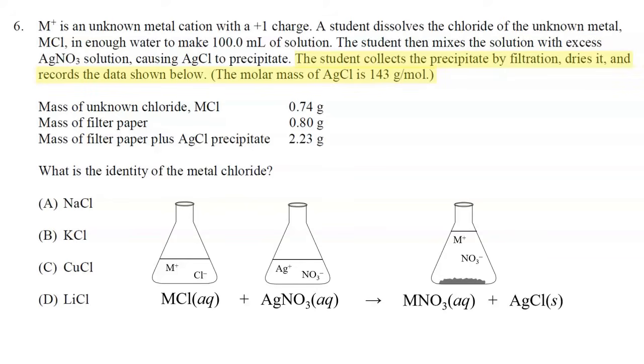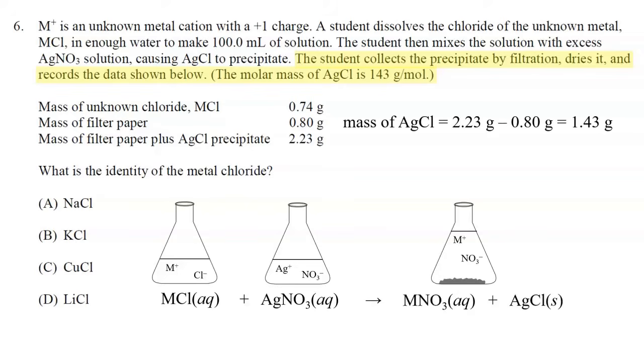It says in the question, the student collects the precipitate by filtration, dries it, and records the data shown below. So in the data table, we have the mass of the filter paper and the mass of the filter paper plus the AgCl precipitate. Let's subtract those two numbers. So 2.23 minus 0.8, and we get 1.43 grams of the AgCl precipitate.